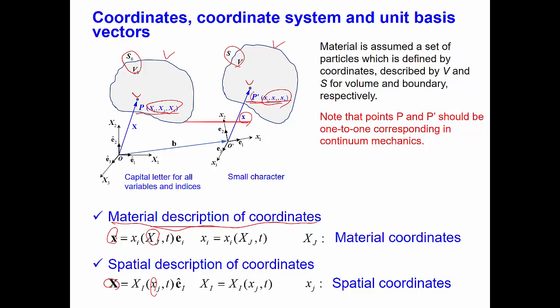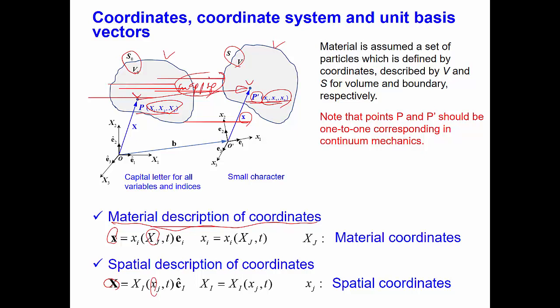P prime in this figure was mapped from point P in the material coordinate system for the initial configuration by a mapping function. Of course, the mapping function describing the deformation is a major target of mechanics, which is governed by nature as well as the intention of human beings.